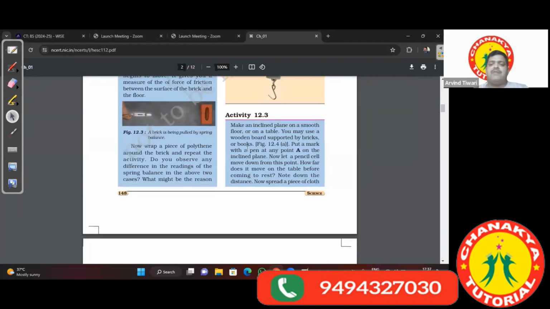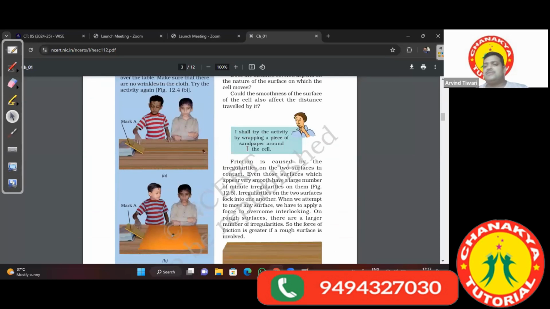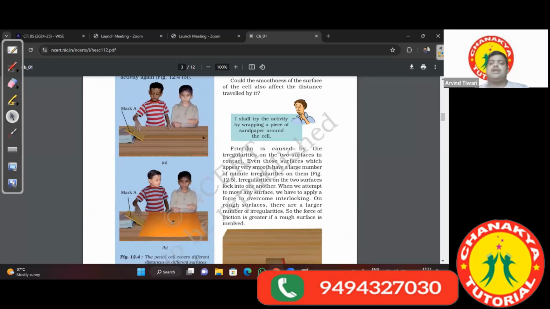Then the second activity was the rolling of the cell. If you roll down a cell from the same starting point with the same inclination, first with the base being the table, it travels a larger distance. In the second case, you put a cloth on the table and again roll.